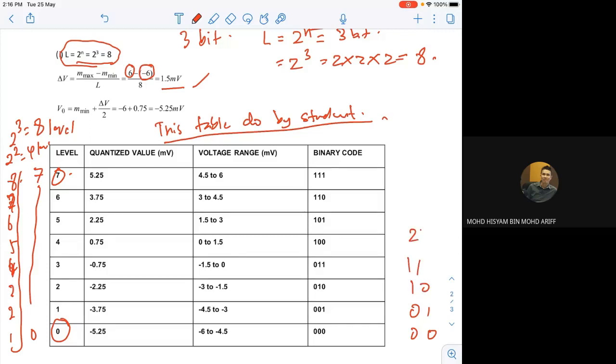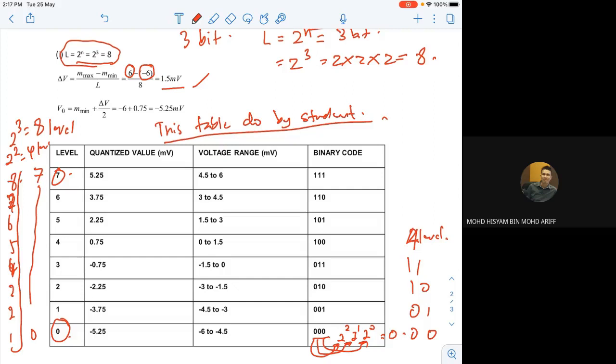That is for 4 levels. For 8 levels, you must start from 0 to 7. For 7, how many bits? 0 0 0 equals 0. How? 2 power of 0, 2 power of 1, 2 power of 2. 0 0 0 means you add up and you get 0.